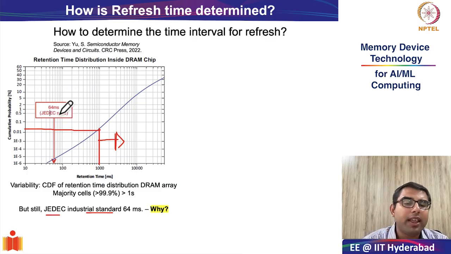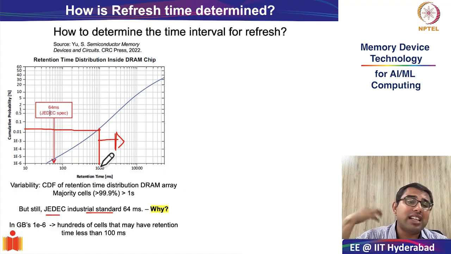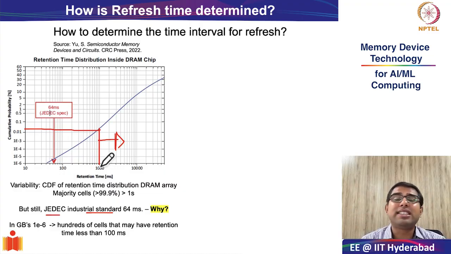The question is why? If you think very carefully, you will get the answer. 0.01% may not look like a very large number, but if you multiply it with the total number of cells, which generally are in the order of several GBs in terms of gigabytes.